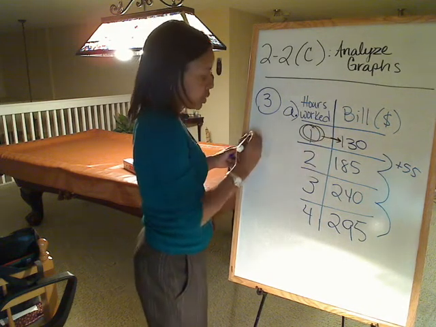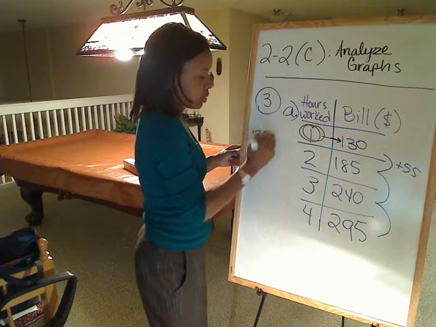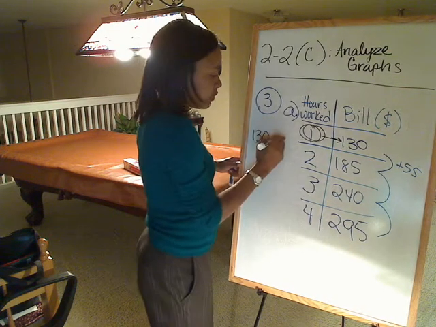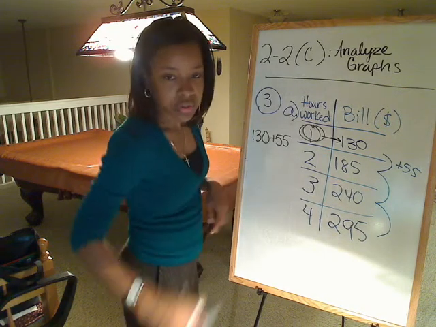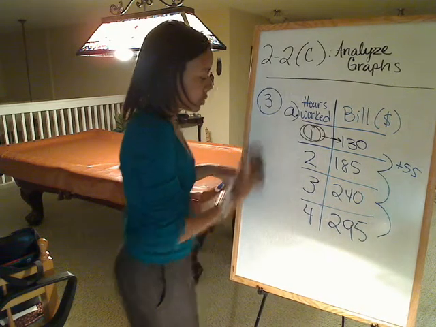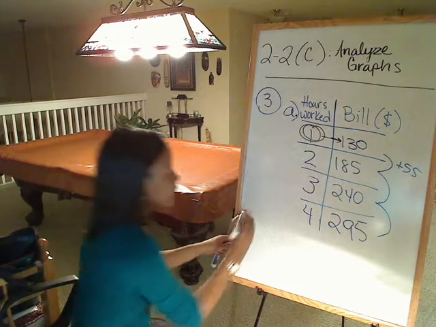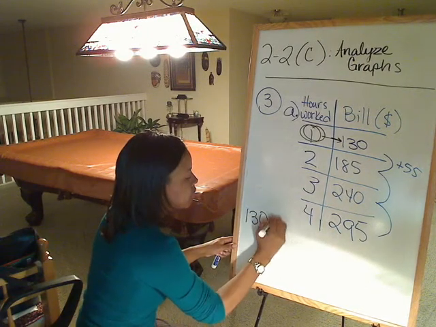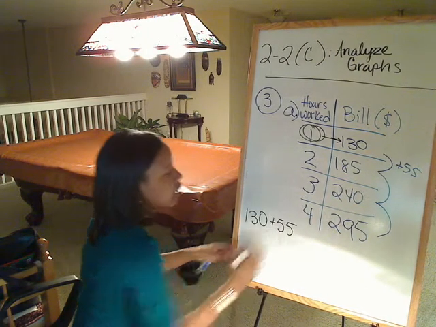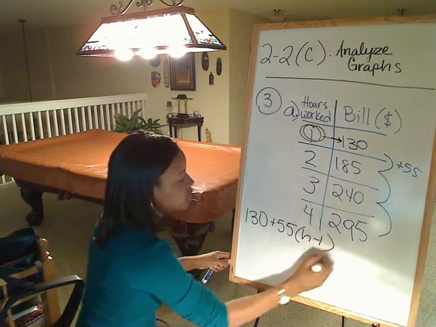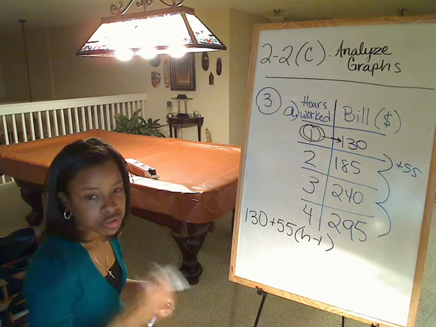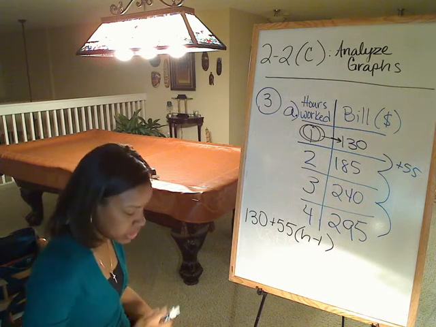So 130. The pattern is 55. So we're going to have 130 plus 55, and I'm going to use H again for hours. H minus 1. So that's your expression. 130 plus 55 times H minus 1.